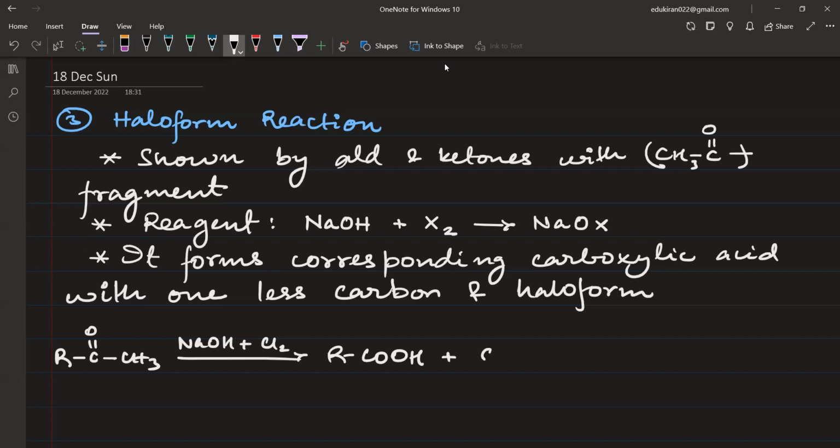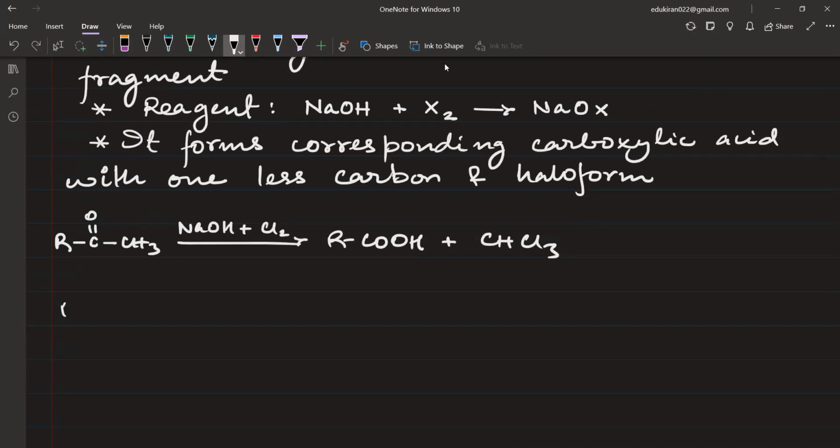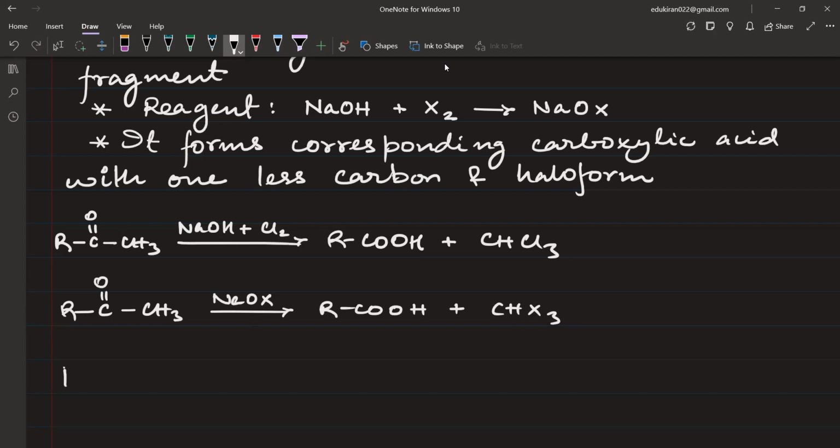So CH3 makes CHCl3, that is chloroform. Or you can be given R C double bond O CH3 plus NaOX. So you will make RCOOH plus CHX3.